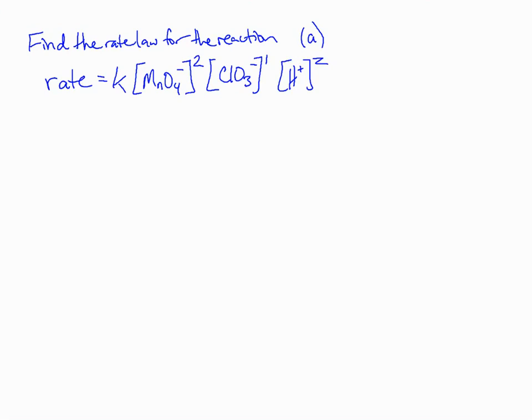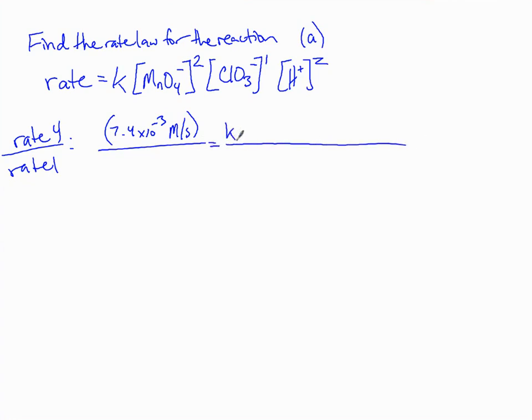So it would be best for us to compare trial number 4 with trial number 1. The rate for trial number 4 is 7.4 times 10 to the minus 3 molar per second.